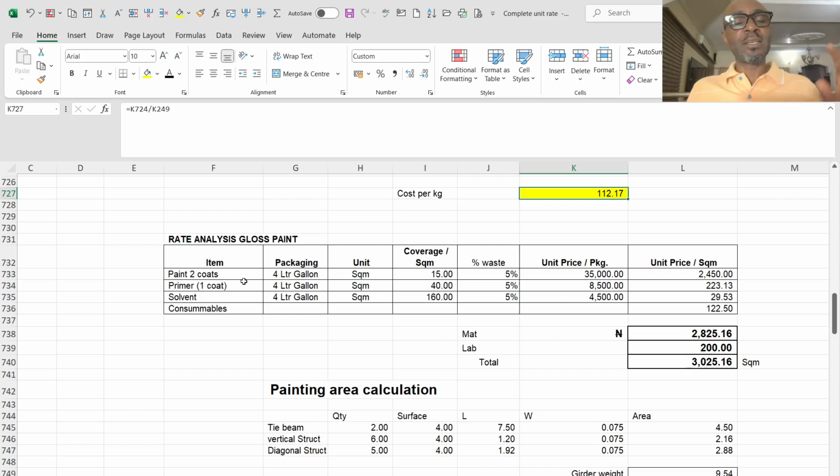So what I did is the description, assume the description is 2 coats of gloss paint and 1 coat of primer, and the coverage area for a 4-liter gallon of gloss paint, 2 coats, is 15 square meters, while the primer 1 coat is 40 square meters, while the solvent, meaning the thinner you're going to use to lighten the paint before either spraying or hand painting, the coverage area is 160.